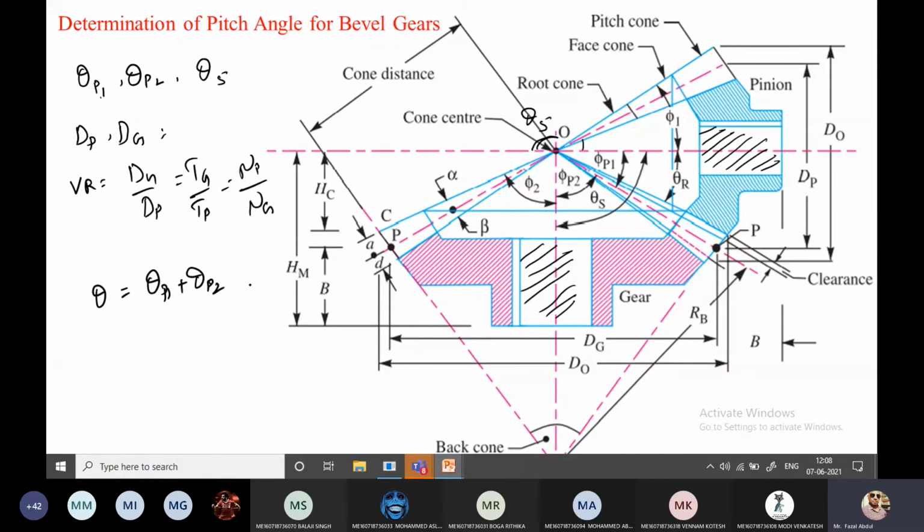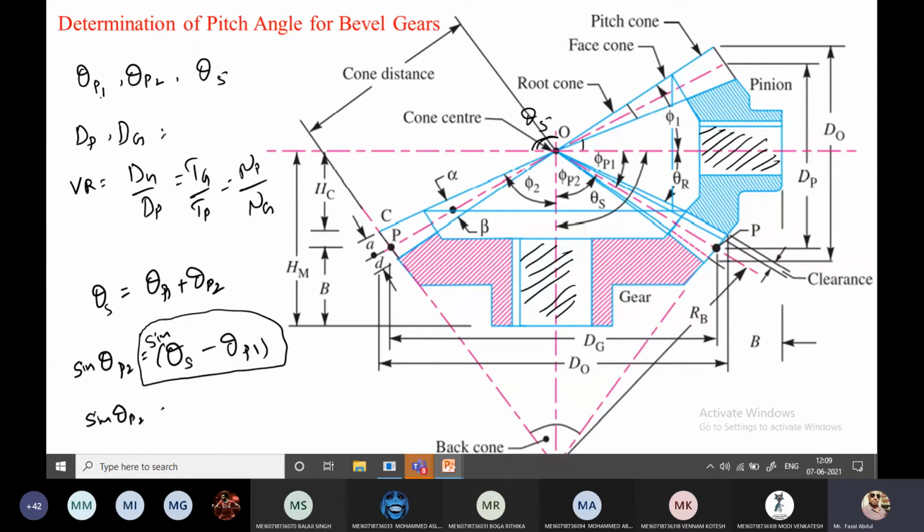From this equation I am writing theta p2 equals theta s minus theta p1. Now I am applying sine on both sides, so this appears as sin of a minus b.